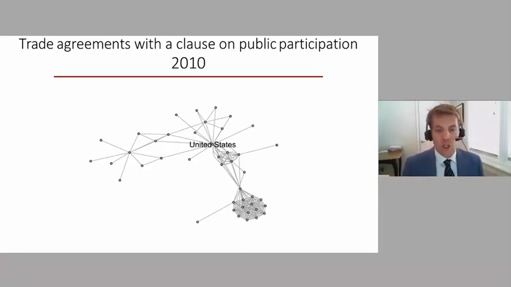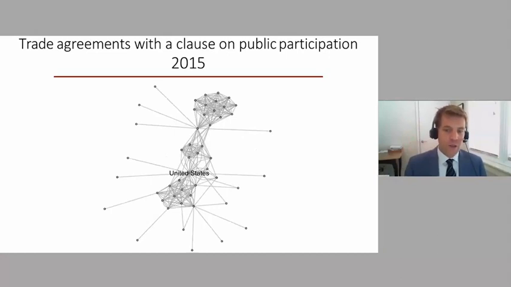So this is for 2010, and here in 2015, clearly we see this diffusion. And now, it is expected in a modern trade agreement to include provisions on public participation. All this to say that NAFTA and its side agreement were groundbreaking.